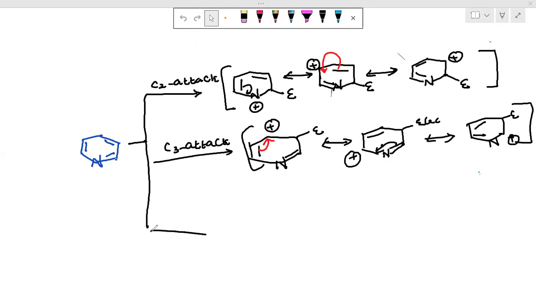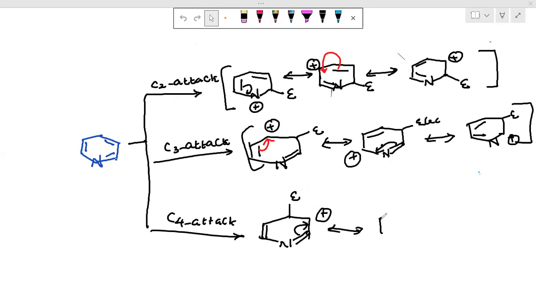Okay? If the electrophile attacks at the C4 position, then the reaction takes place as follows. The bond is here and the positive charge is created on the center. Then, to balance this, this shifted over to here, and this shifted over to here.